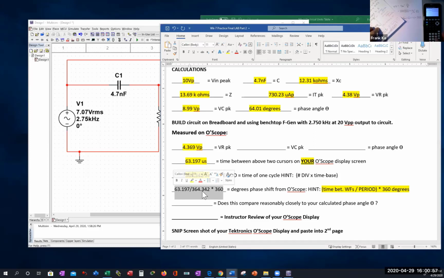I will go ahead and do that, and I will call out for a calculation. Times 360. And calculation from Andrew, do you have this calculation?